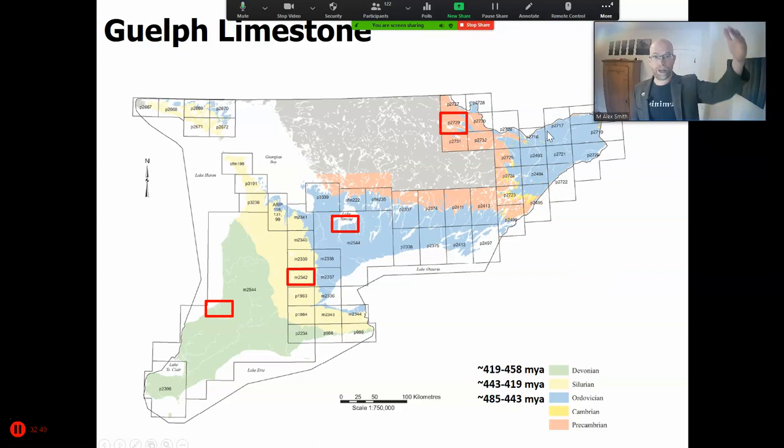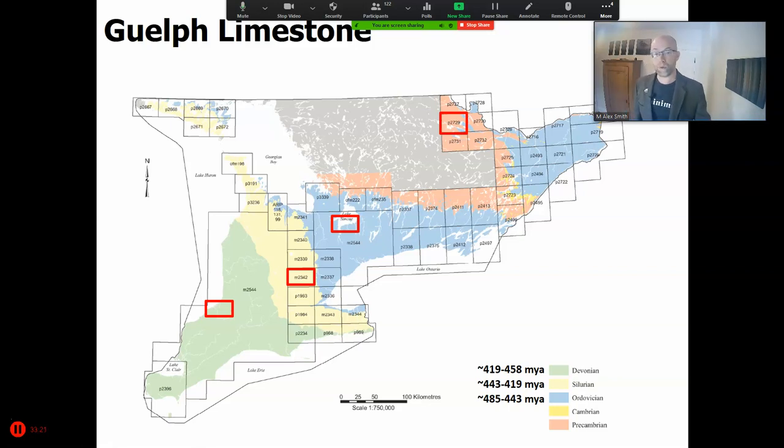Until you're up on the Precambrian shield, the Canadian shield, you're sitting on probably some sedimentary limestone that is either Ordovician, here in blue. So if you're up towards Ottawa or Eastern Ontario, or even on the north shore of Lake Ontario near Lake Simcoe, you're sitting on Ordovician rock, an area that was a shallow, warm sea about 450 to 500 million years ago.